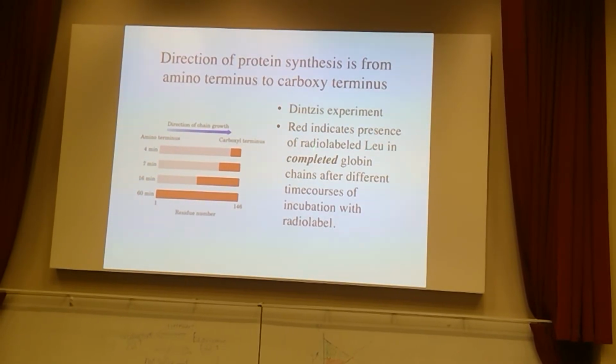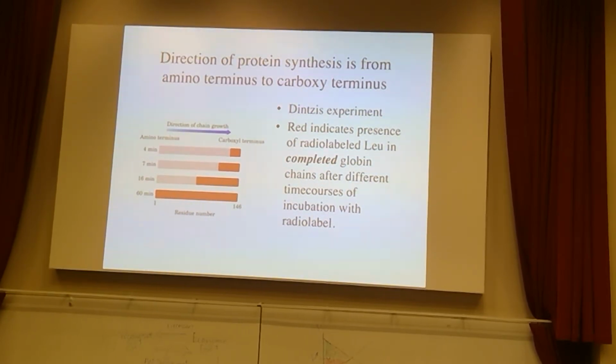understand it. This experiment was carried out by a guy named Dintzis, and he was looking at the synthesis of globin chains. Pretty sure it was hemoglobin. And he was adding radioactively labeled leucines into this protein synthesis machinery.